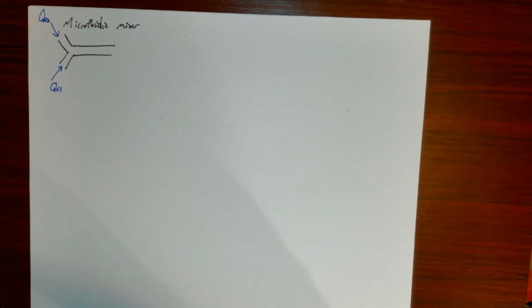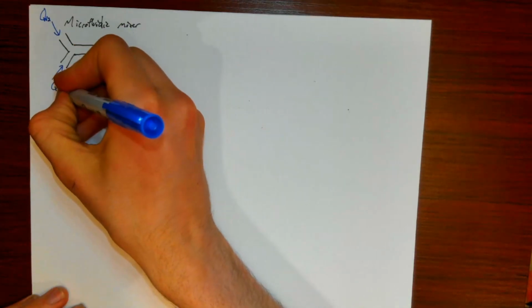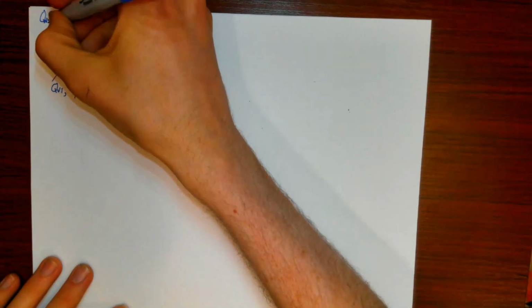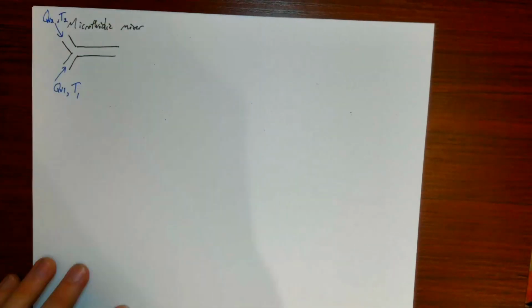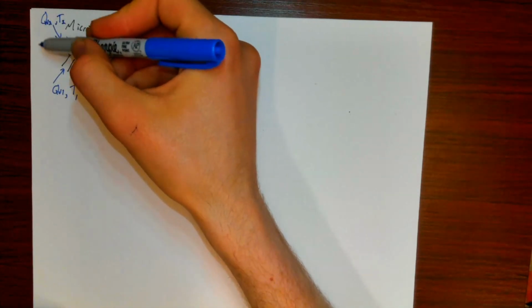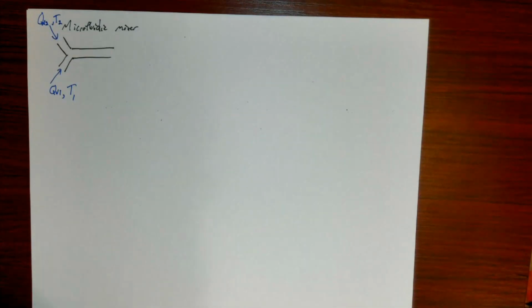I'll call it QV2. And let's say we know the temperature of this fluid coming in. This fluid is at known temperature T1, and this other fluid is at known temperature T2, right? So this is basically saying I have a hot tap and a cold tap, and I know what flow rates and temperatures are going in.